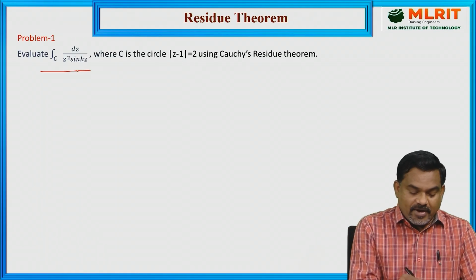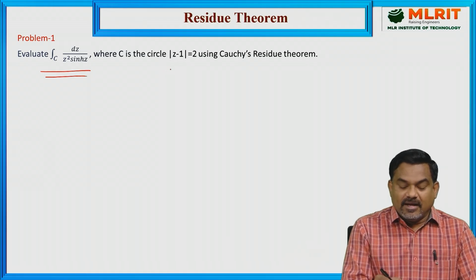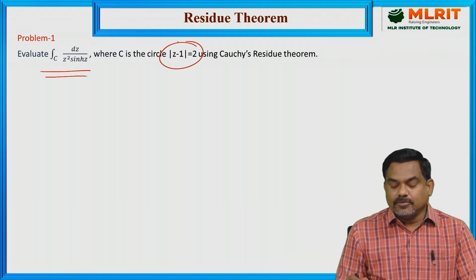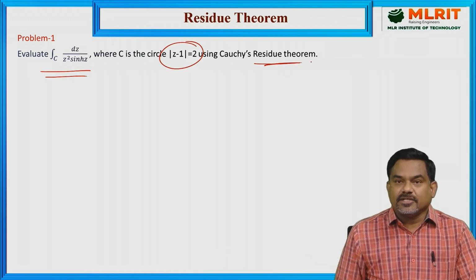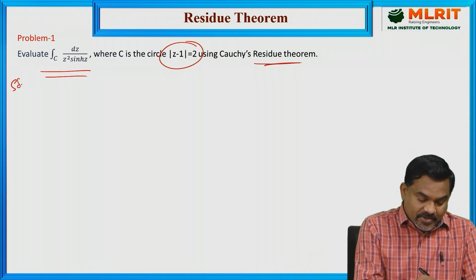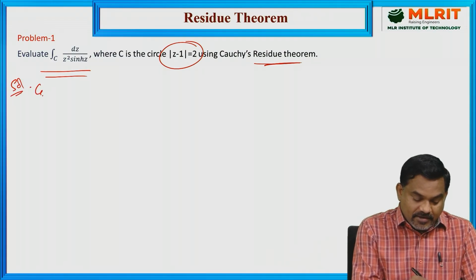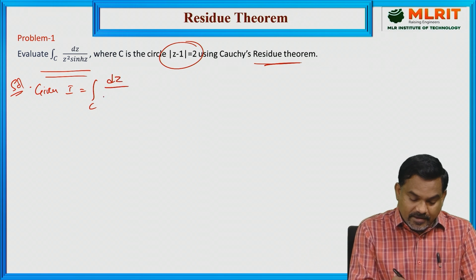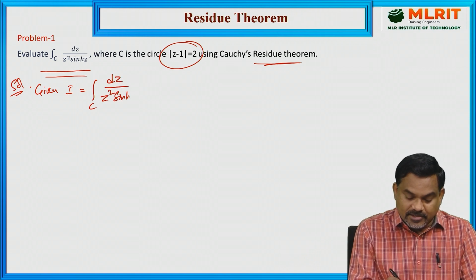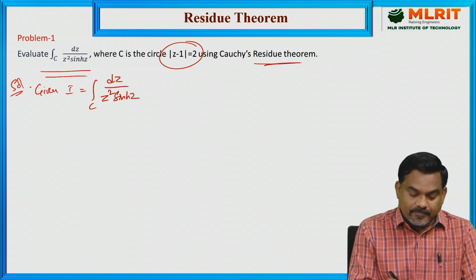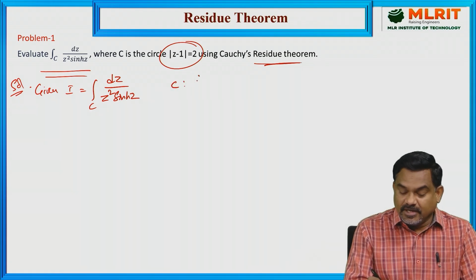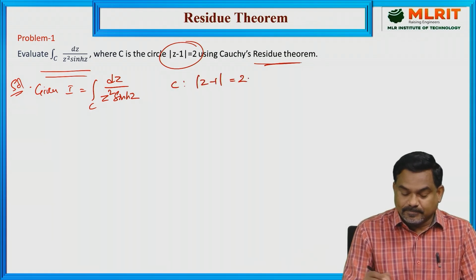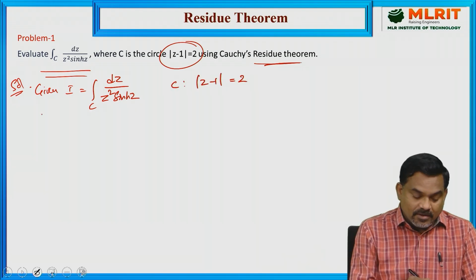Here we need to evaluate the line integral along the curve C, mod z minus 1 equal to 2, using Cauchy's residue theorem. Coming to the solution, the given line integral is dz by z square into sinh z.